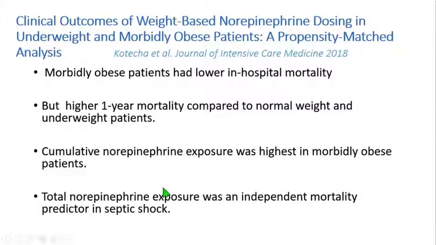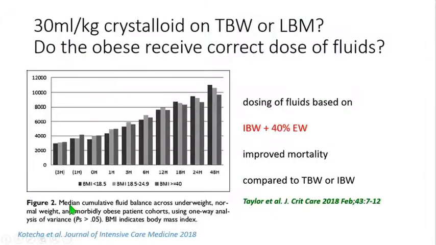But when you look at, for instance, this publication, when it comes to outcome, higher 1-year mortality in the obese, it was the cumulative norepinephrine exposure that was important, the total norepinephrine exposure. But if you look at the fluids administered, the obese received not less fluids than non-obese.